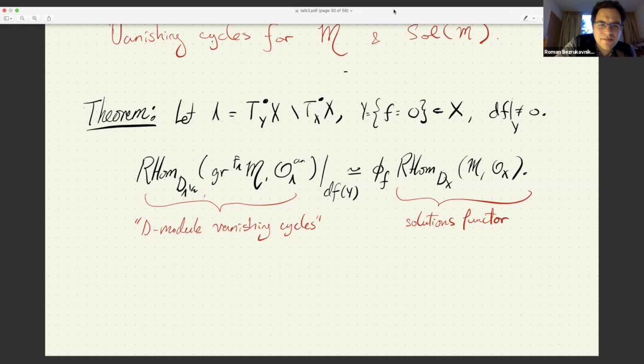Yeah, and also it's maybe not a major point, but this twists by the square root of a determinant. I guess there's an option of just consistently working with half differential operators twisted by half forms, and then they disappear, right? In other words, instead of starting with a D_X module, you start with a half-twisted D_X module.